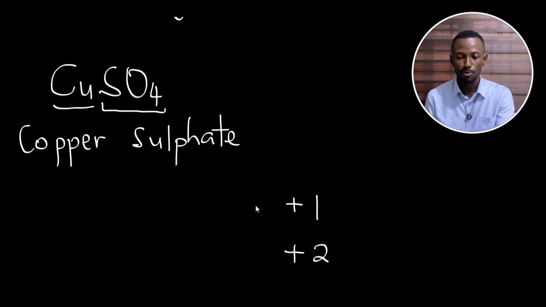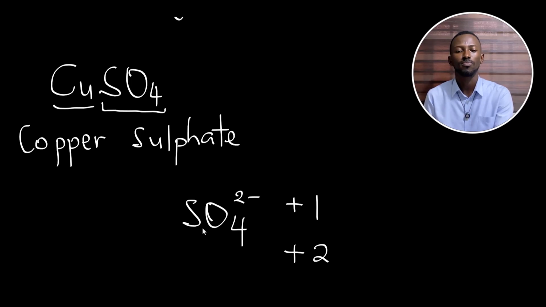To put it simple, you can see that sulfate is SO4 2-. Since we wrote this compound CuSO4, and the 2 has disappeared, it's nowhere in this compound, that means this copper is actually copper 2. Why?